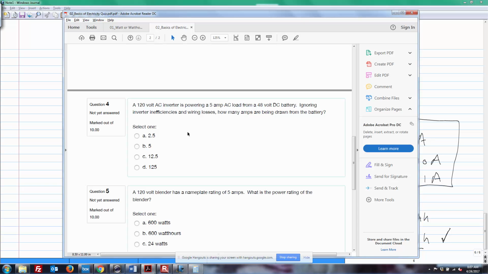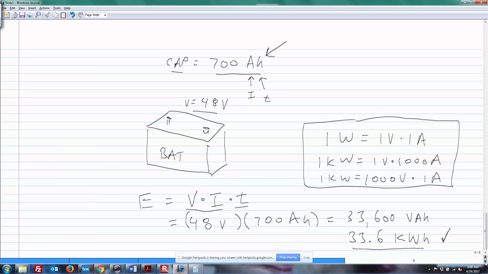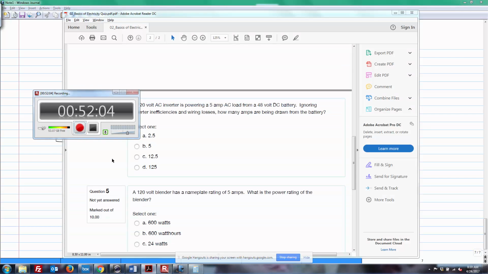Ignoring inverter inefficiencies, how many amps are being drawn from the battery? All right, so let's look at this one.